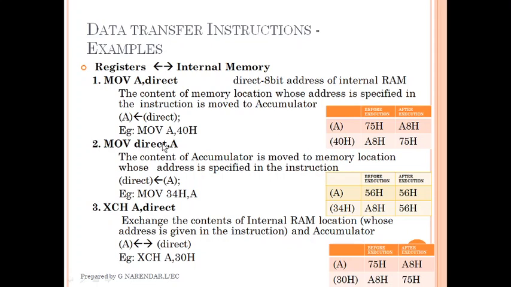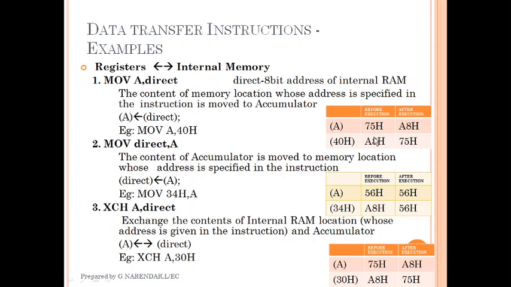How is this instruction executed? To see this, we have provided here the contents of the accumulator and the memory location whose address is 40h, before and after execution. Assume that the contents of the accumulator is 75h before execution and the content of the memory location whose address is 40h is A8h before execution.